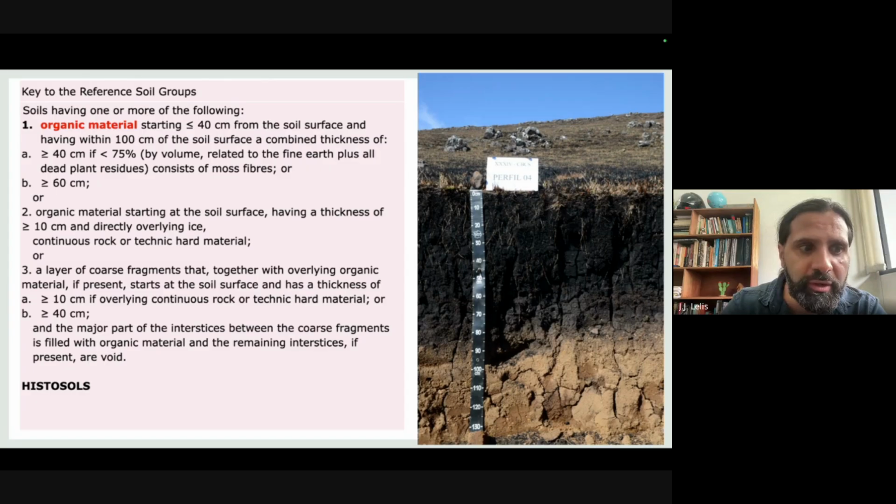So number one, two, or three. Number one, organic material starting in the first 40 centimeters below the soil surface and having, in the first 100 centimeters of the soil surface, a combined thickness of 40 centimeters or 60 centimeters of organic material, according to the nature of this organic material.